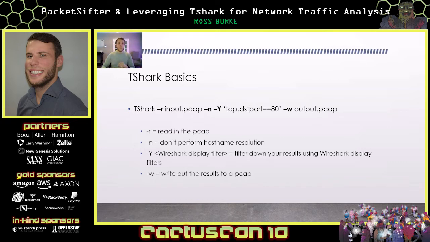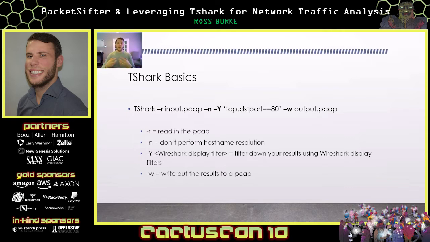It's always a staple. And then the capital -Y is going to be your Wireshark display filter. If you ever use Wireshark, you know that you can do great things like, in this example, tcp.dstport == 80.